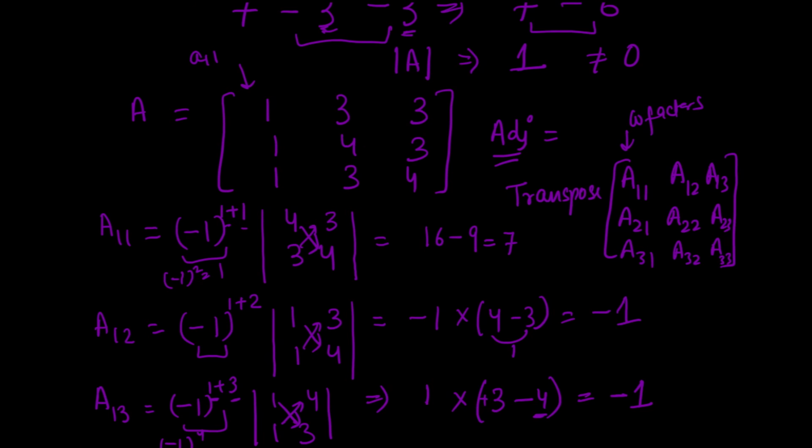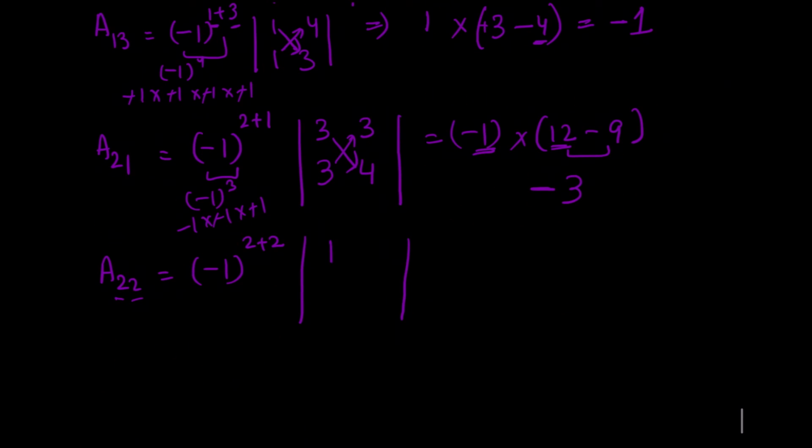So now you write that 1, 3, 1 and 4. This is minus 1 to the power 4, which means you write it 4 times, the pair gets cancelled, so this is plus 1 times, you multiply this, 4 minus 3. So the answer is 1.